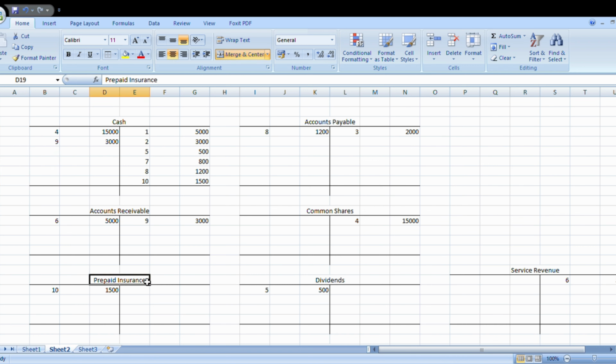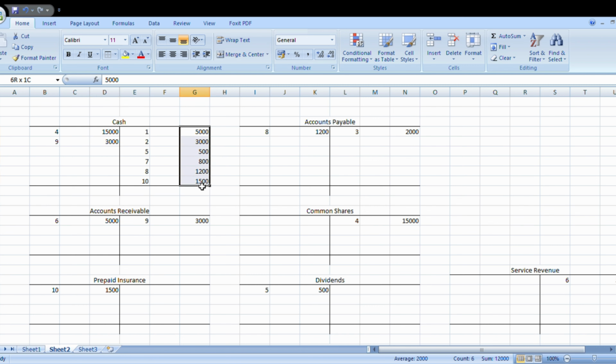Now the most important thing that has to be kept in mind is after preparation of these accounts, we have to write the balance. Balance as in which side has greater balance. At that side we show the amount. Like here we say in this cash account, the debit balance is 15 plus 3, 18,000.